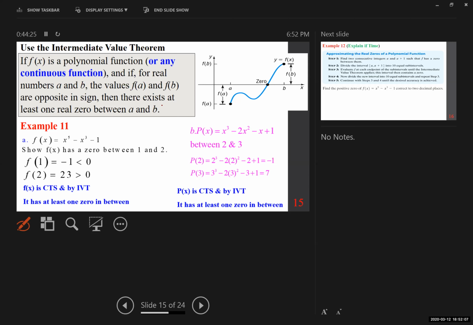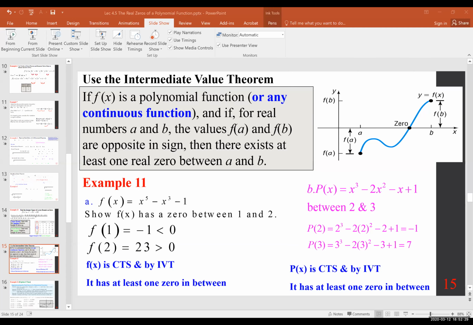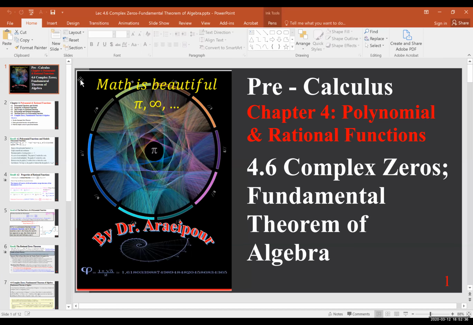And we are going to go to the next PowerPoint. Okay. So is everybody done with this? All right, so we are looking at complex zeros.